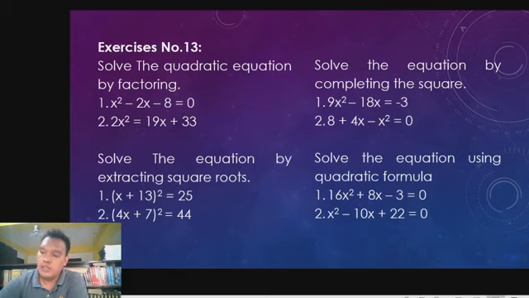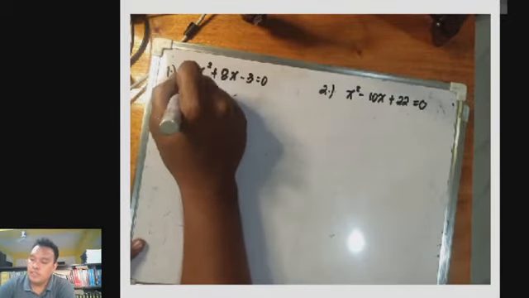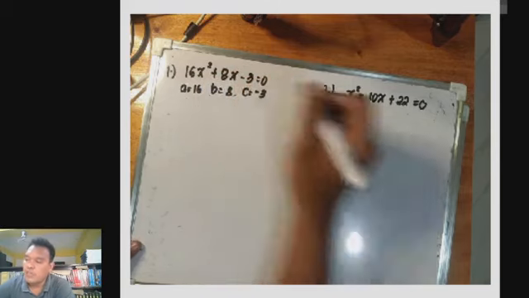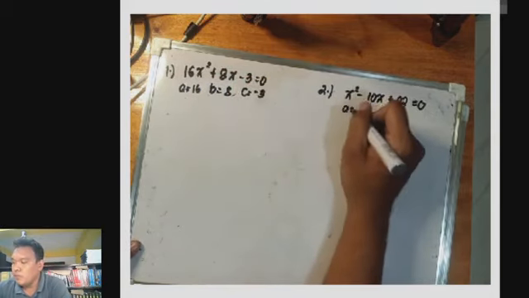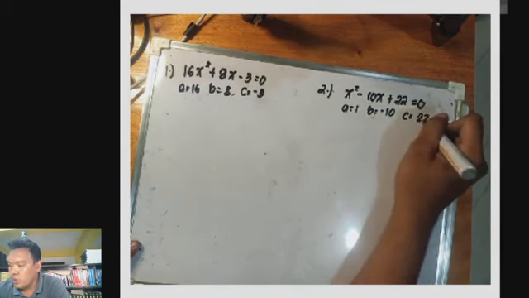We have number 1, 16x squared plus 8x minus 3 is equal to 0, and number 2, x squared minus 10x plus 22 is equal to 0. So we have the value of a is equivalent to 16, the value of b which is 8, and the value of c which is negative 3. For this equation, we have a is equivalent to 1, b is equivalent to negative 10, and c is equivalent to 22.